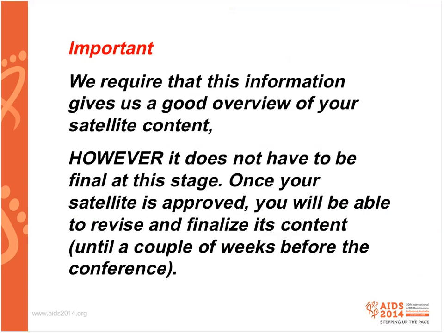An important note on this stage is that we do require that this information gives us a good overview of your satellite content. However, we completely understand that this information is not final at this stage. Once the satellite is approved, you will be able to revise and finalize the content of your satellite. Do not worry about that. And you will have until about a couple of weeks before the conference to finalize the content.